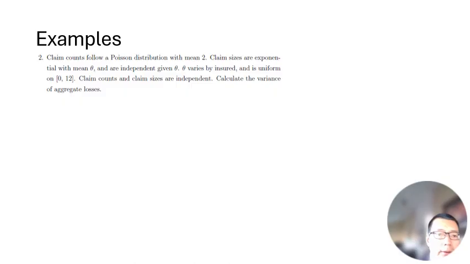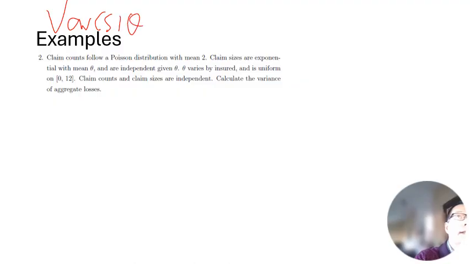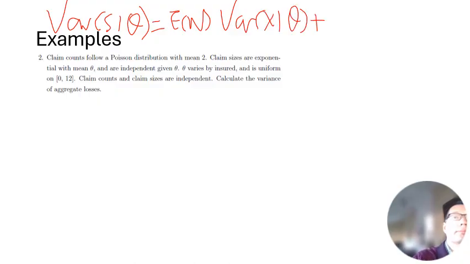Calculate the variance of aggregate losses. So again, the formula is VAR S given theta will be equal EN times VAR X given theta plus VAR N times E[X given theta] square.